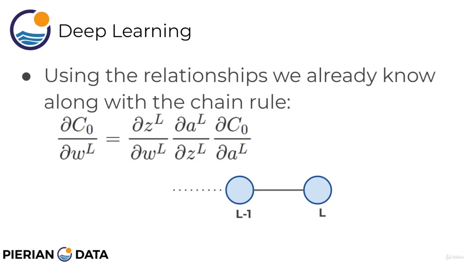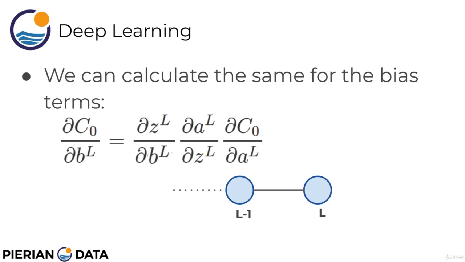Now recall that the cost function is not just a function of the weights, but it's also a function of the biases. So we want to be able to understand the relationship of the cost function changing not only with the weights, but with the bias along the network as well. So we can then calculate the same partial derivative, the partial derivative of the cost function with respect to those bias terms, in the same way, essentially just swapping out that weight for the bias.